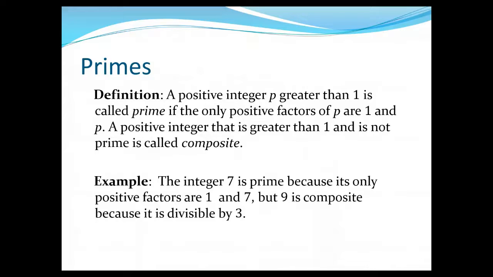For example, 7 is a prime number because its factors are just 1 and 7. But 9 is not. It's a composite number. Why? Aside from 1 and 9 as factors, 3 is also a factor of 9 since it is divisible by 3. So we have 3 factors for 9, and therefore it's a composite number.